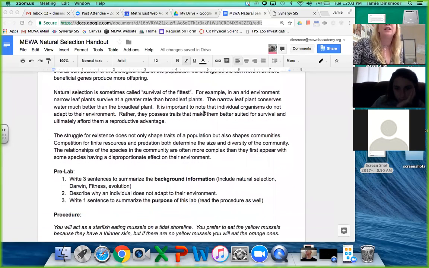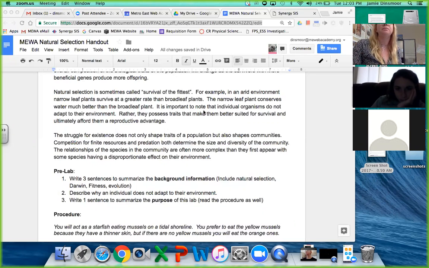So the key here is that individual organisms are not adapting. The mussels are not adapting to their environment. The mussels who are able to survive are more likely to reproduce. It gives them something called a reproductive advantage, which means they're more likely to survive and reproduce, which means that their traits are more likely to end up in the population.